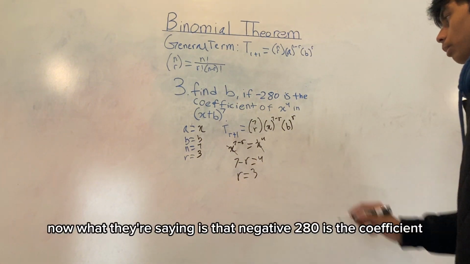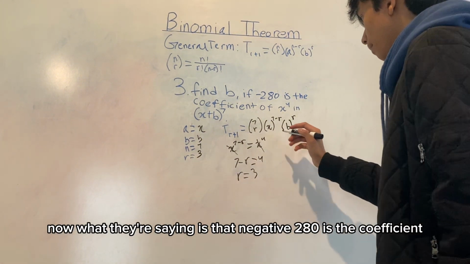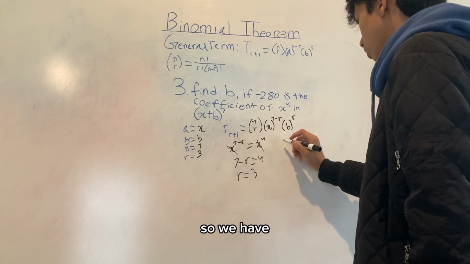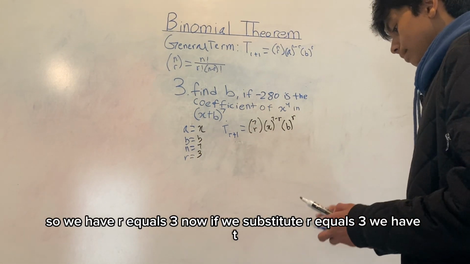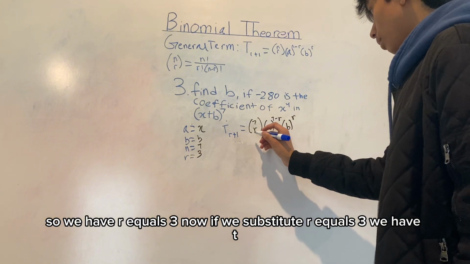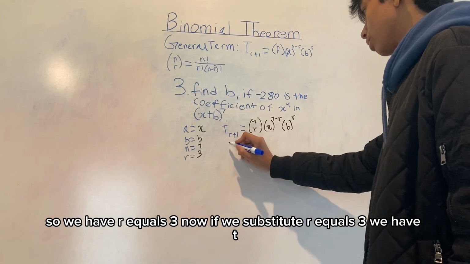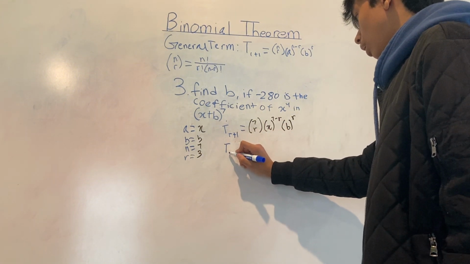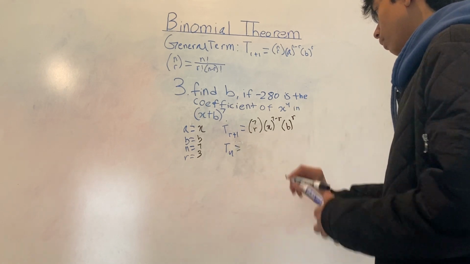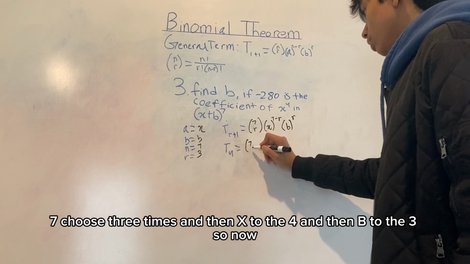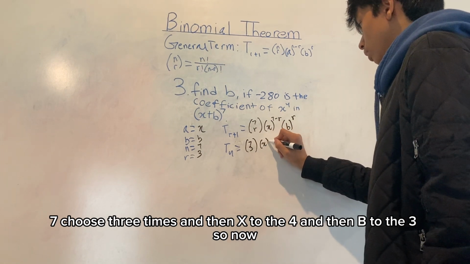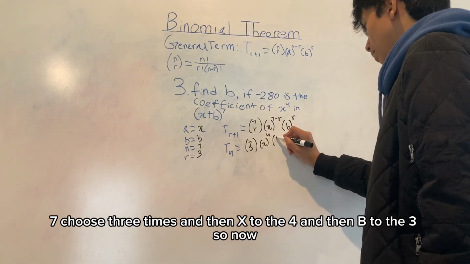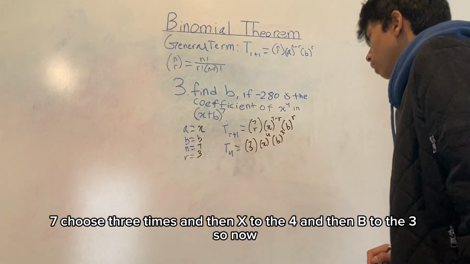And then now what they're saying is that negative 280 is the coefficient. Now if we substitute r equals 3, we have t 4 equals 7 choose 3 times x to the 4, and then b to the 3.